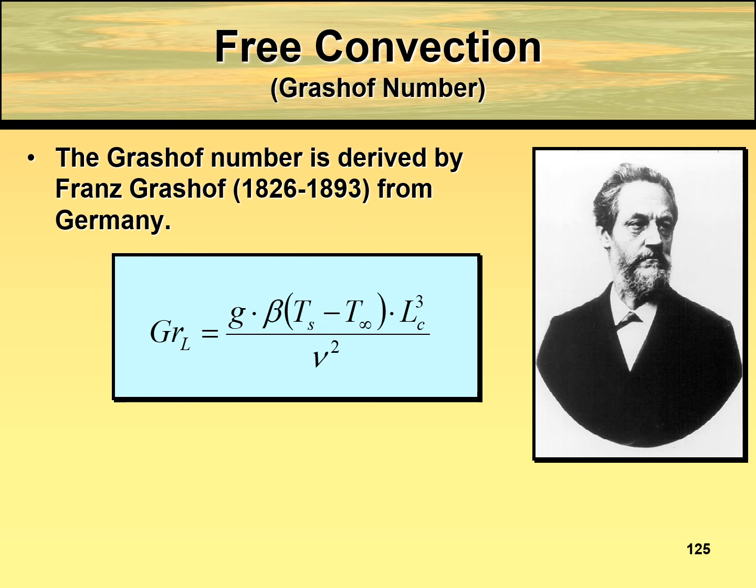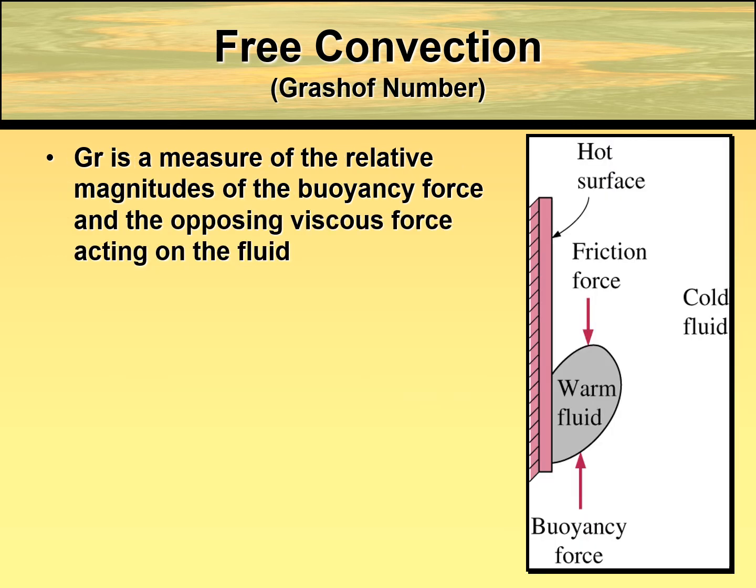Okay, so this Grashof number is derived by Franz Grashof, born in 1826 and died in 1893, from Germany, where the Grashof number is given by these correlations. The Grashof number is a measure of the relative magnitude of the buoyancy force and the opposing viscous force acting on the fluid.